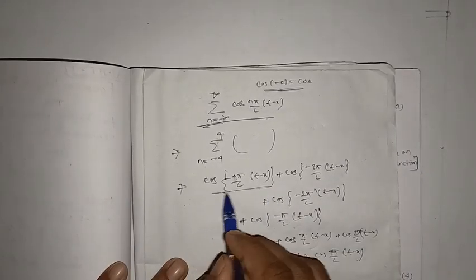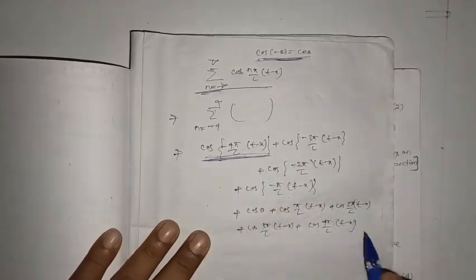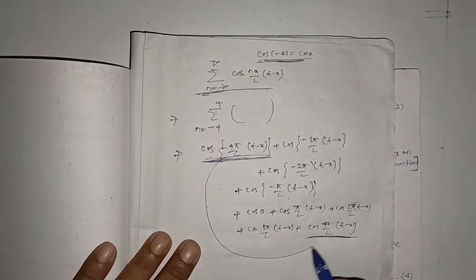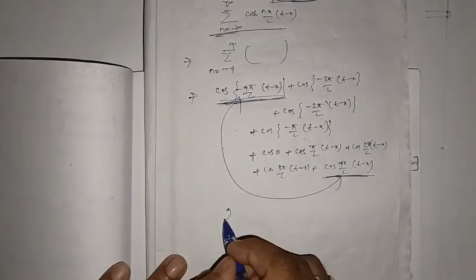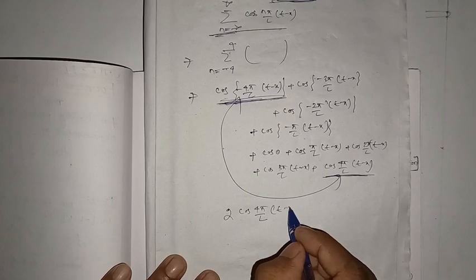So this value here you can see, as we know cos(-theta) equals cos(theta), this value equals this value. So if I consider these two terms, I can write 2 into cos(4 pi by L into (t minus x)).